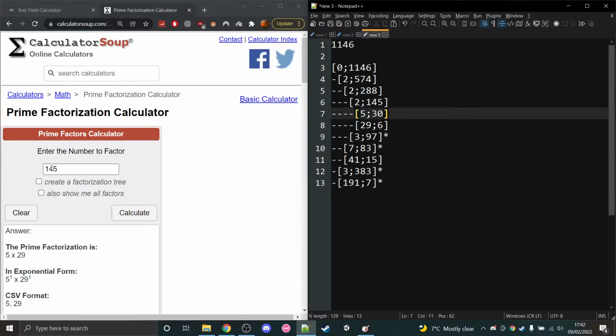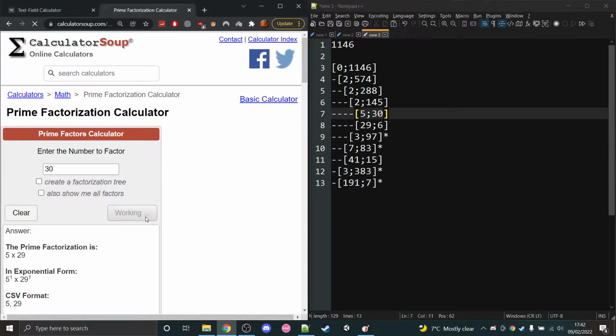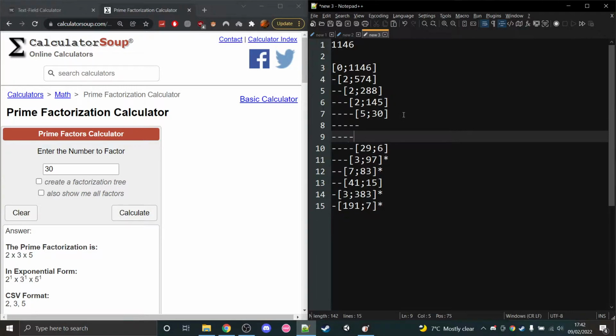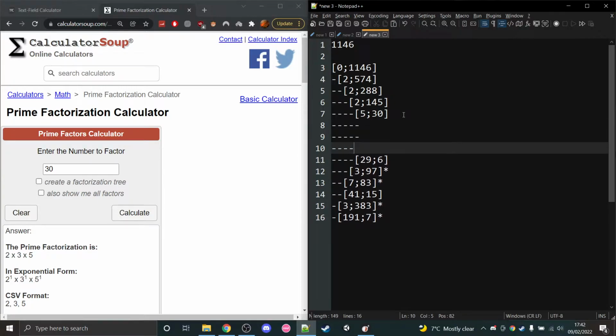Let's generate for 30. 30 should have 3 children. 2, 3, and 5. 30 divided by 2 is 15, plus 1 is 16. 30 divided by 3 is 10, plus 1 is 11, which is prime. And 30 divided by 5 is 6, plus 1 is 7, which is prime.